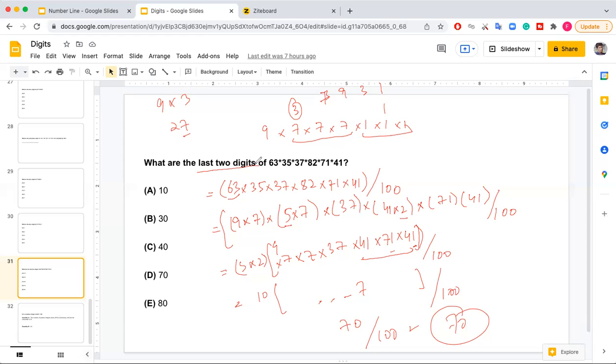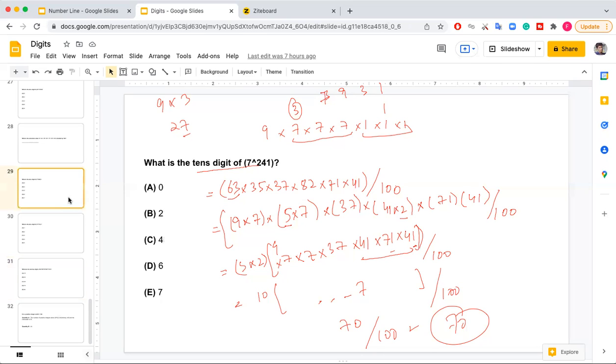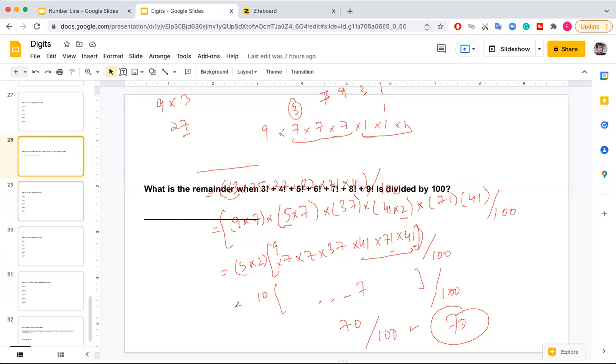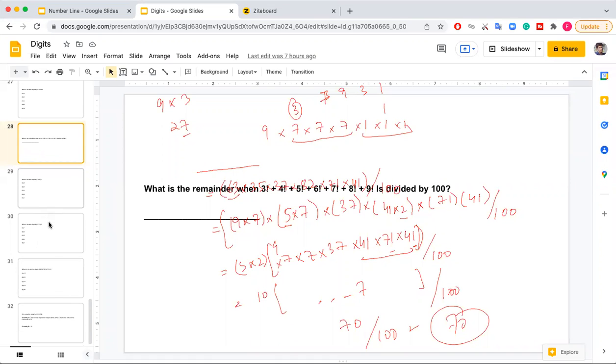This is exactly the same question which we discussed earlier. The question was, what is the remainder when we divide this by 100? In that case, we got the last two digits as our answer, right? That's why, in the inverse, if we want to find the last two digits, just divide by 100.